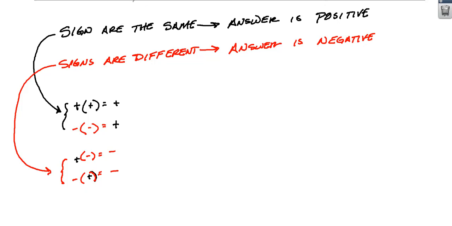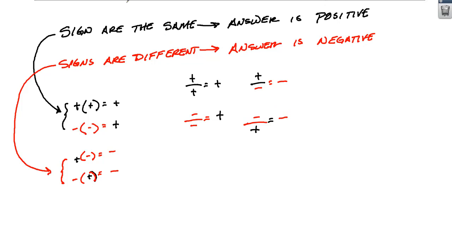And that same is true for division. We can do all the division. Positive divided by positive equals positive. And negative divided by negative equals positive. Same signs, positive answer. On the other hand, positive divided by negative equals negative, and negative divided by positive equals negative.